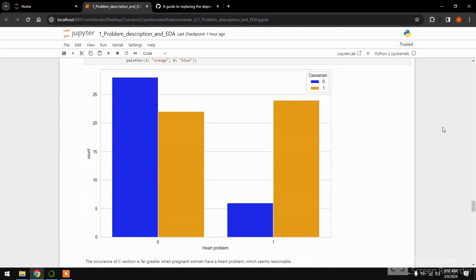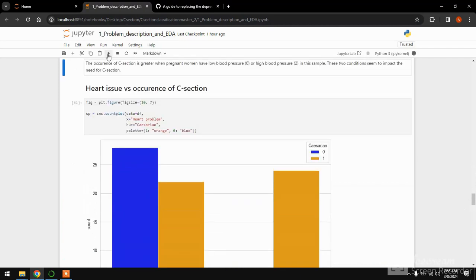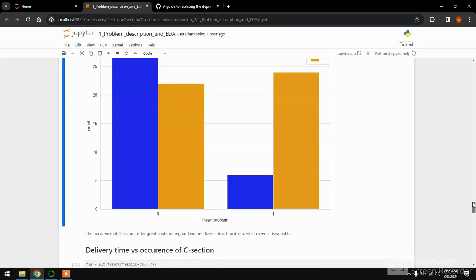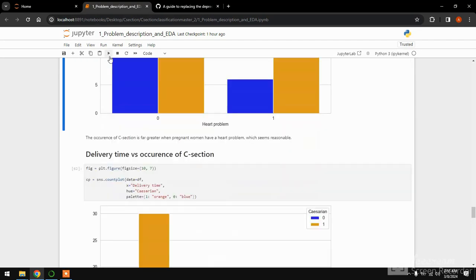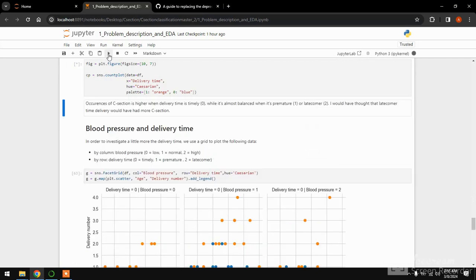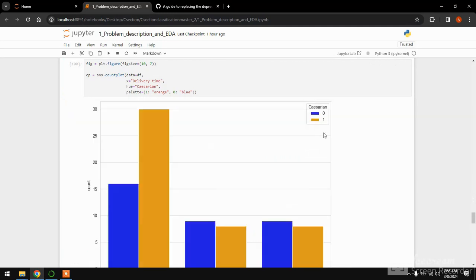All right, now moving to the next, we have a heart issue with the possibility of giving birth through C-section. According to this data set, a large number of people who deliver through normal birth do not have a heart problem, and a quite larger number of people who deliver through C-section actually do have a heart problem.